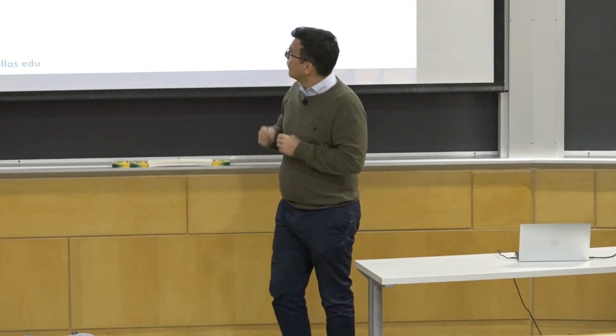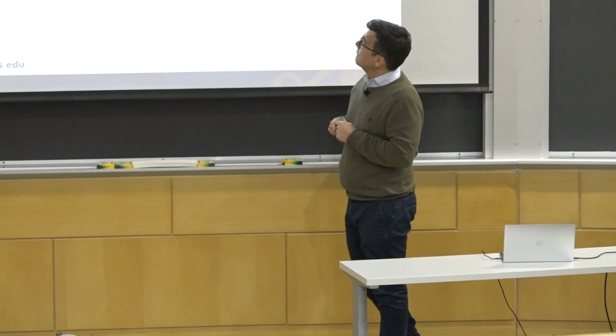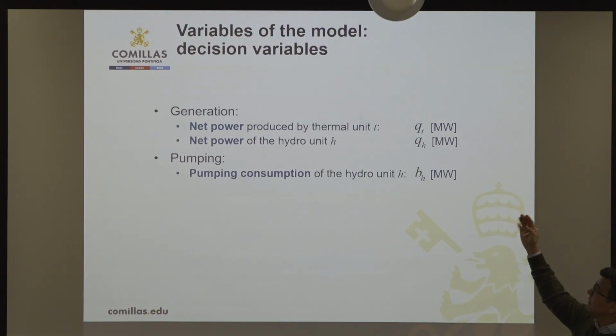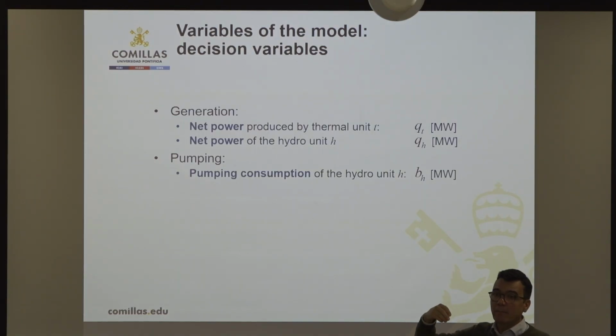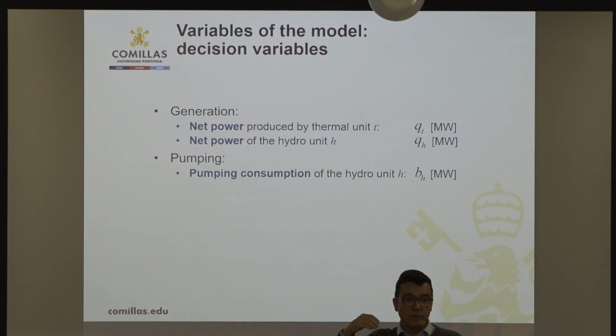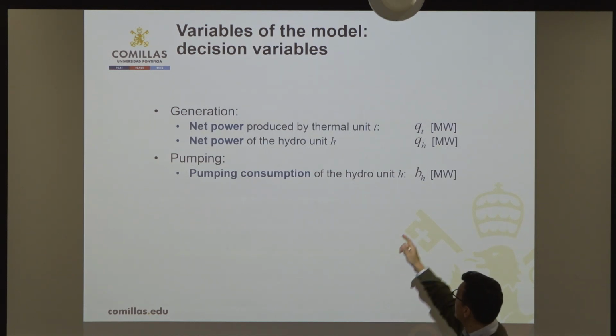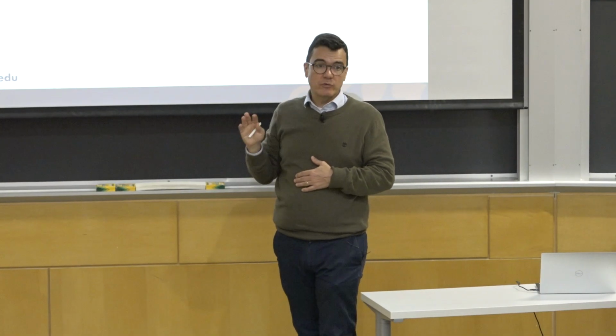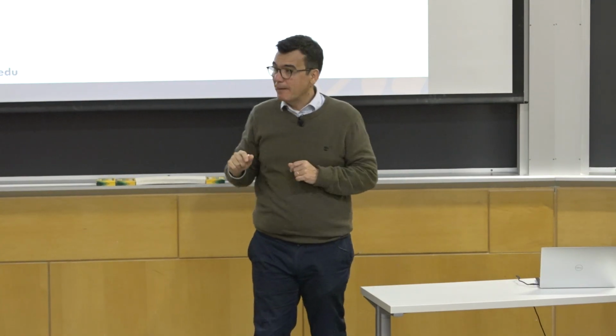What are my decision variables? My quantities. QT is the quantity, so how much power I produce with every T, which is every thermal generator. And QH is how much power I produce with my hydro generator.